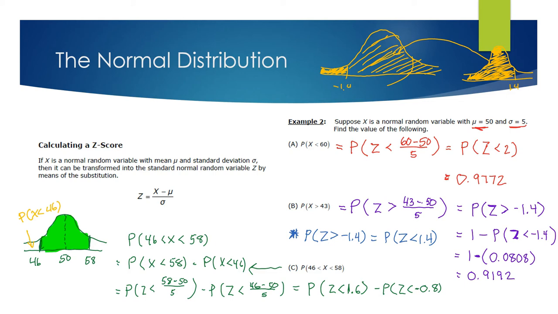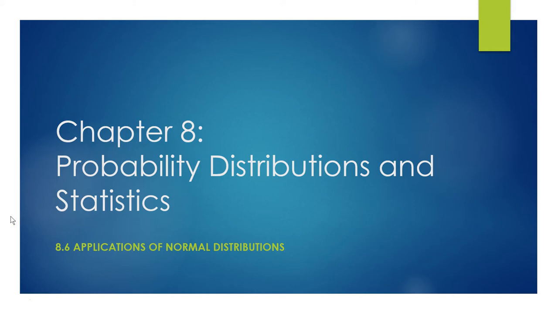When I look these values up on the table, I get 0.9452 for the probability of being less than 1.6, and 0.2119 for the probability that z is less than negative 0.8. And when I carry through that subtraction, I get 0.7333. For the last part of this, 8.6 is just applying what you know about normal distributions. And in actuality, if you have a binomial distribution that's big enough, you could also use normal approximation on it. And we'll talk about that too.